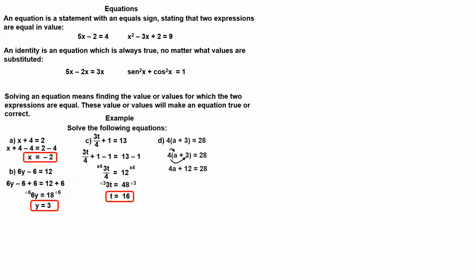Now isolate 4 times a by subtracting 12 from each side. Get a by dividing by 4. Therefore, a is 4.